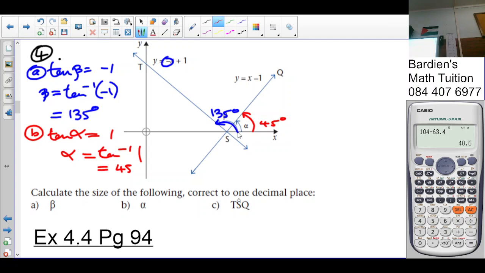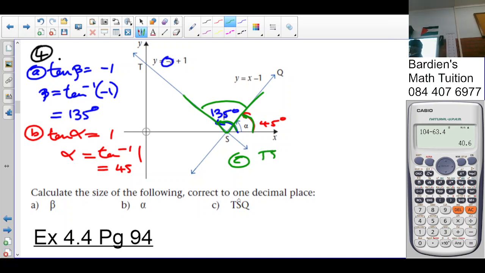Then they want you to calculate the size of TSQ, which is this angle here. How are you going to do that? You're going to take your beta minus your alpha. Not so? That will give you this angle here. So remember, that was your beta, and that is your alpha. So you subtract the two.